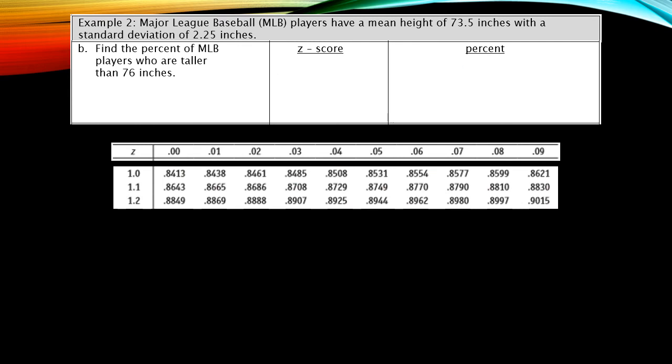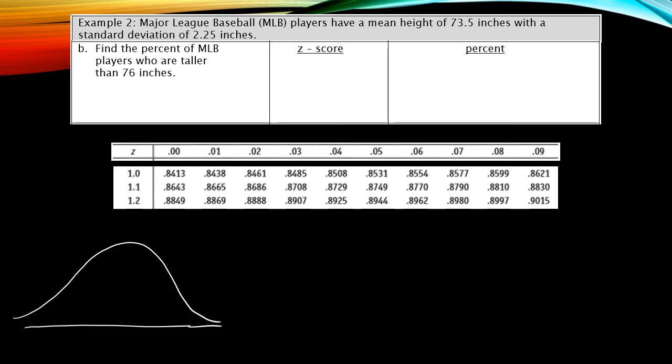In this next example, we are now looking for the percent of players who are taller than 76 inches. So I want to draw a quick picture down here. I already know that I'm going to use a z-score, and we talked in the last example about how you know whether or not you need to use a z-score or if you can just use the normal curve. So I'm looking for the percent that are taller than 76 inches.